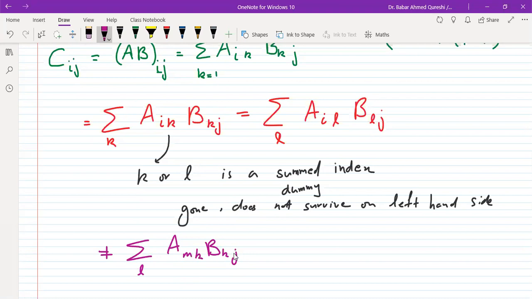If I change I to M, I am taking some other component. But the summed index, you can call it anything because you are going over all the possible values. But I up there is fixed, which is not equal to M. So those two things are not same, but the summed index you can call it anything.